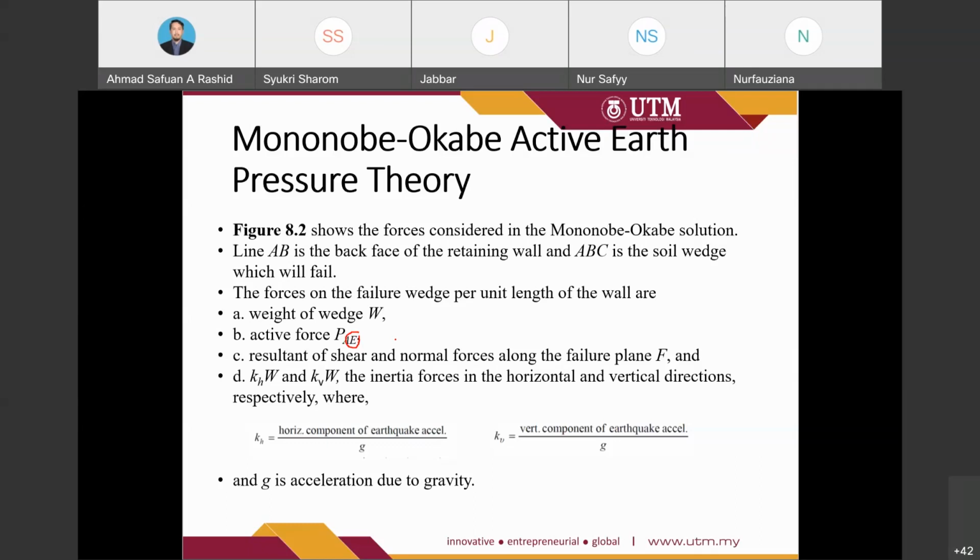So they improvise the static by introducing the KV W and KH W. So then they gain the PAE.